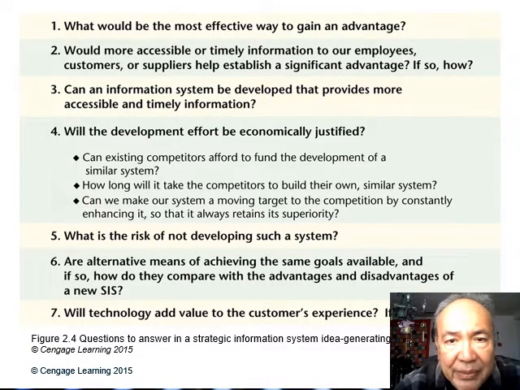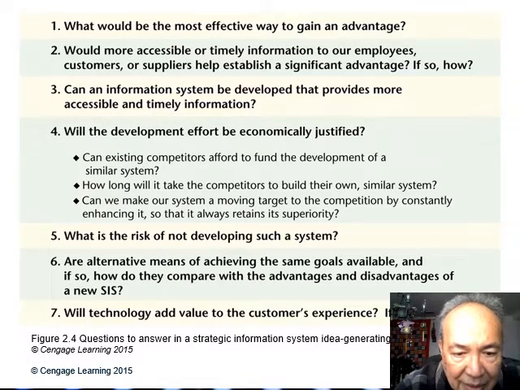And here are some of the questions that you can ask. Okay. What would be the most effective way to get an advantage? What would be the most accessible and timely information for our employees, customers, suppliers to help establish a significant advantage? Can information systems be developed that provide more accessible, timely information?